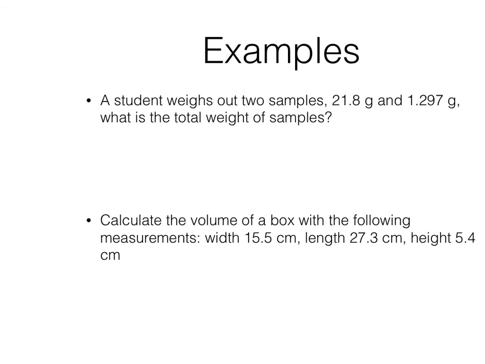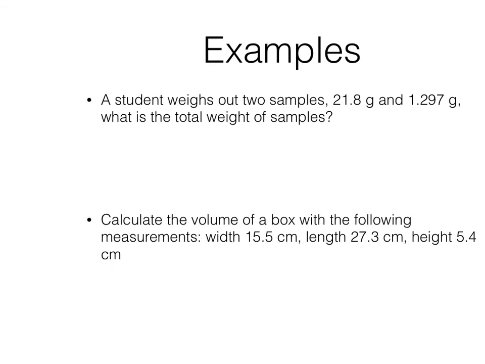So, in our examples, we have a student who weighs out 2 samples, 21.8 grams and 1.297 grams. What is the total weight of samples? So we're going to take our 21.8 grams. We're going to add 1.297 grams.